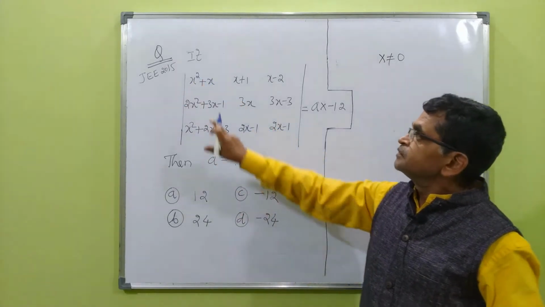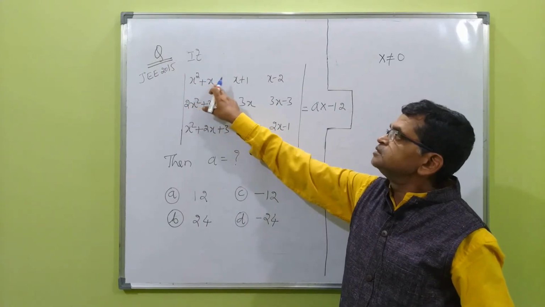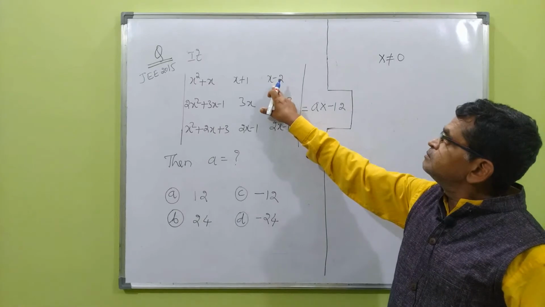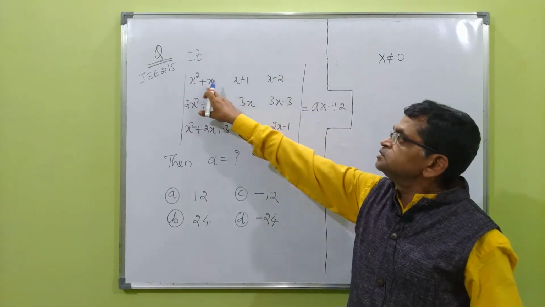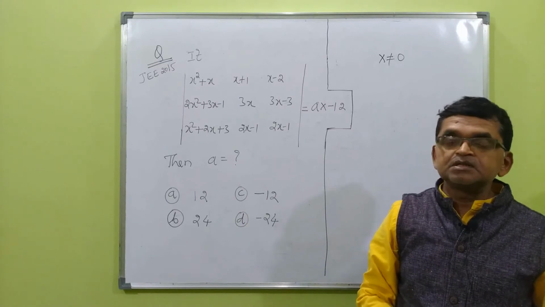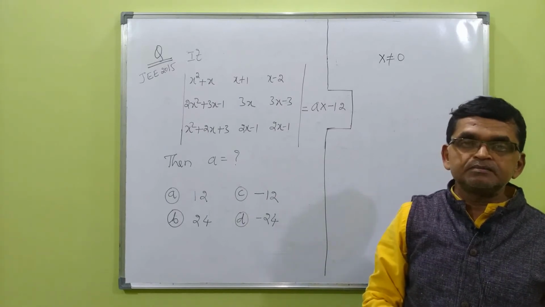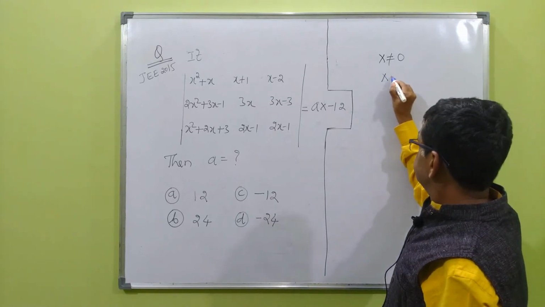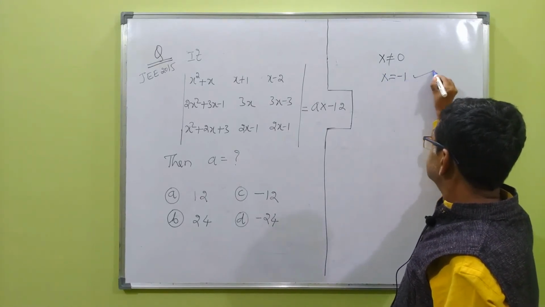What happens? 1 minus 1, 0. Minus 1 plus 1, 0. And minus 3. Okay. So the first two elements of the first row are 0, so that our calculation will be simpler. Better take x is equal to minus 1.